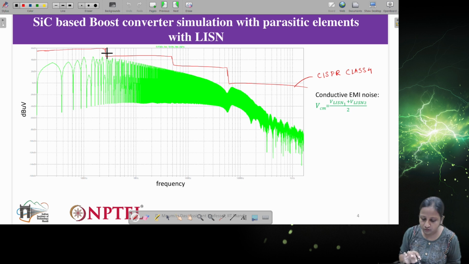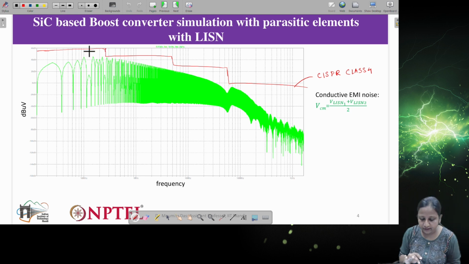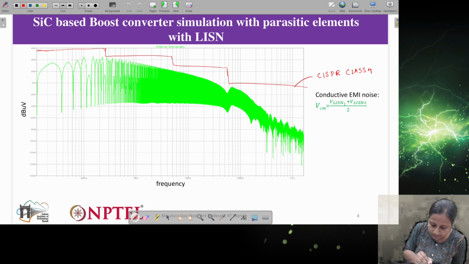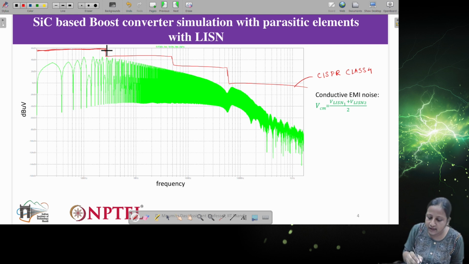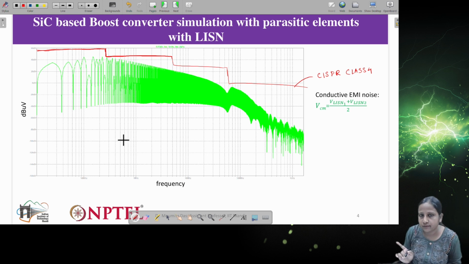Initially, till some point, the magnitude is higher as the frequency is increasing. The exact frequency point you can get from the standard itself, because there the exact frequency point is given. Here I am just giving you an idea of how it looks.